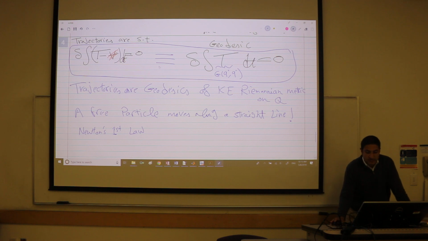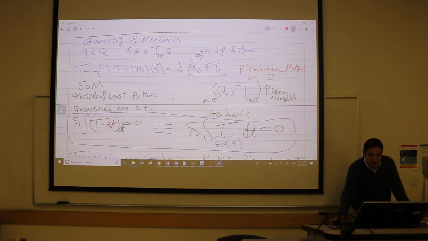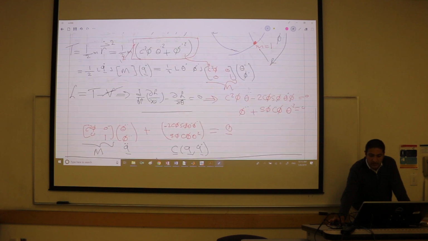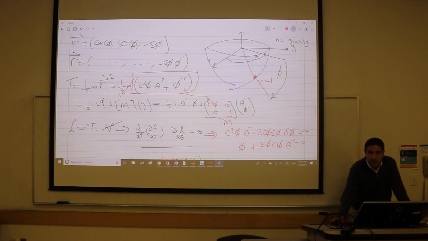This is very important, and like I said, it's quite a beautiful correspondence between geometry and mechanics, because if you give me a mechanics problem like here, a bowling ball over the sphere, and you're asking me to find the equations of motion, I can completely ignore the dynamics of it if I like math and geometry and go and compute geodesics.